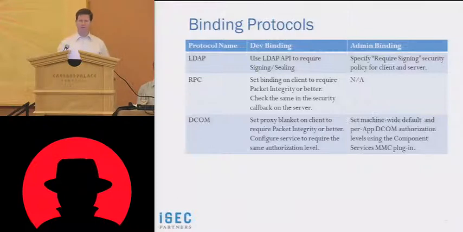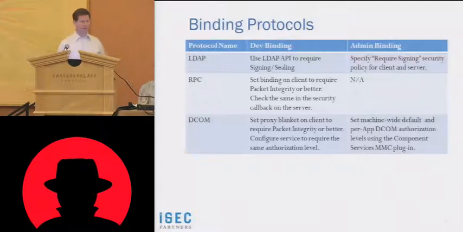DCOM is a little bit higher level than RPC. It actually uses RPC under the covers, but it provides a slightly different and easier programming interface. On the client side, you can specify that the context, what they call the proxy, requires packet integrity and packet privacy.